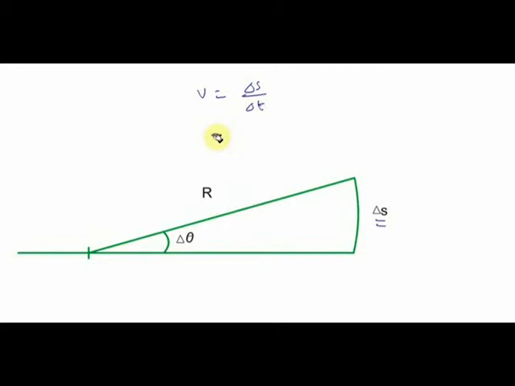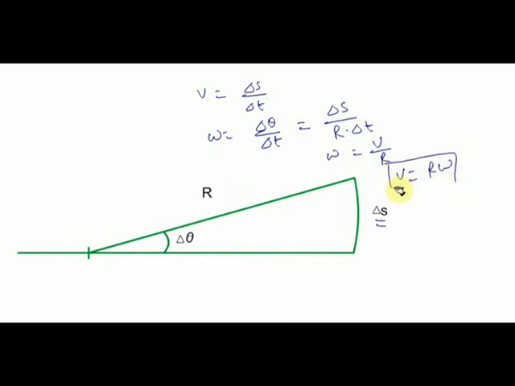Now we have already seen that angular velocity omega can be defined as delta theta by delta t, and delta theta is nothing but angular displacement, which is defined as delta S by r. So here we have omega is equal to v by r, or v is equal to r omega. So this is the relationship between tangential velocity and angular velocity.